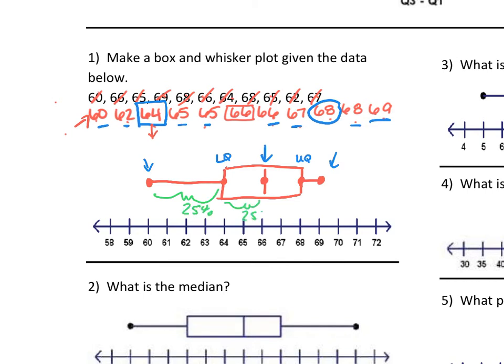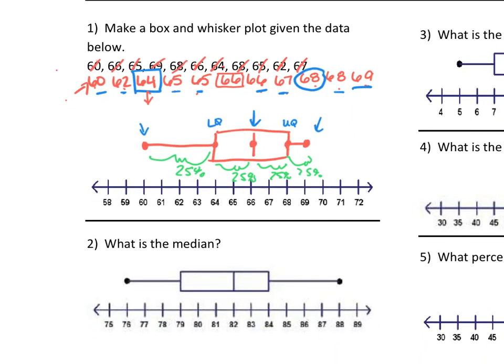This is 25% of the data. This is 25% of the data. And this is 25% of the data. Every section, it breaks it into quartiles. Your first quartile, second, third, fourth. Do you understand that? There are 5 dots, but it breaks it into quartiles. Yes, that's an important key concept right there.